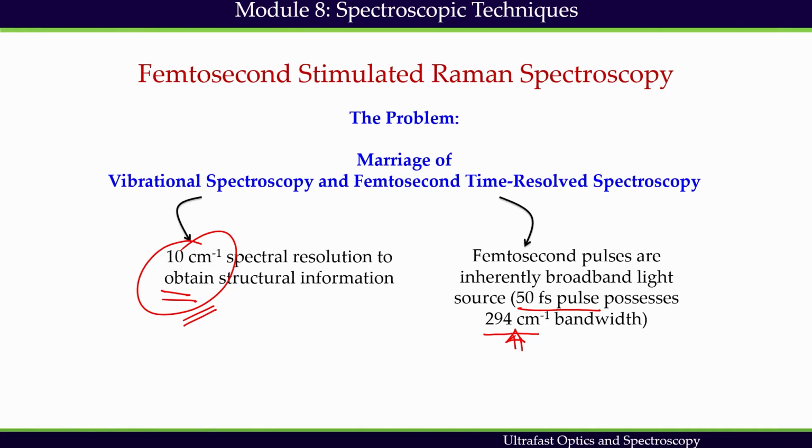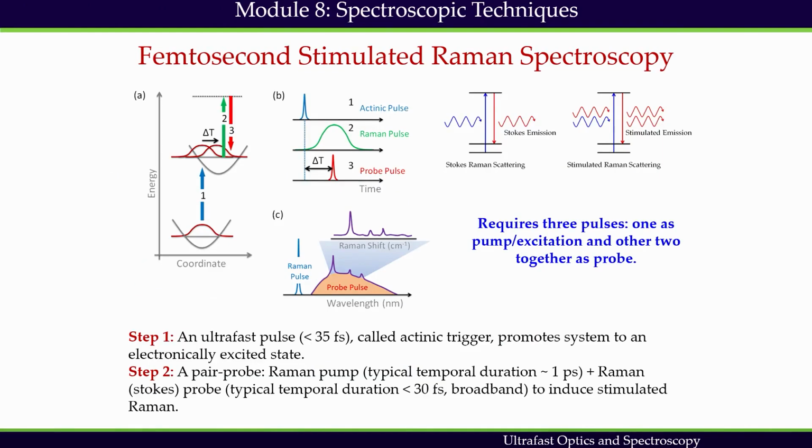Femtosecond stimulated Raman spectroscopy is an ultrafast spectroscopic technique that provides simultaneously high temporal and spectral resolutions, bypassing this problem. And what is this technique? In femtosecond stimulated Raman scattering, a picosecond Raman pump pulse and a femtosecond broadband continuum probe pulse are incident on a sample simultaneously with 0 time delay.